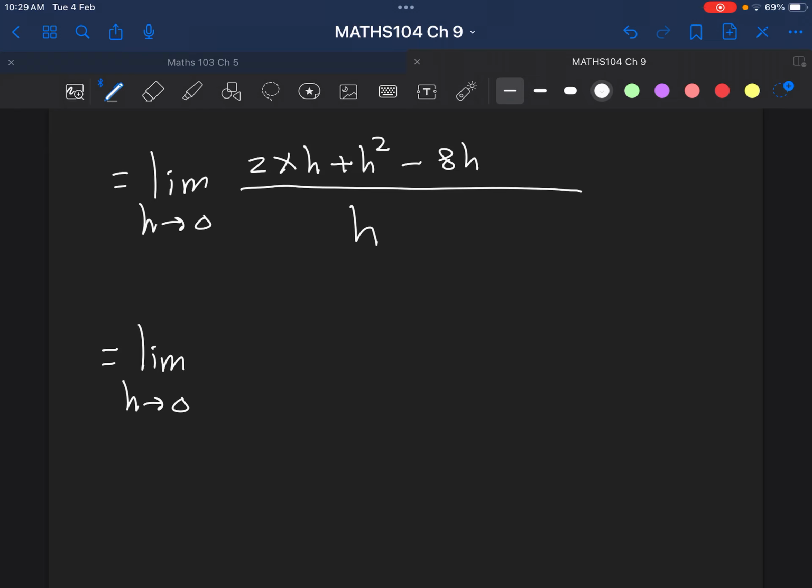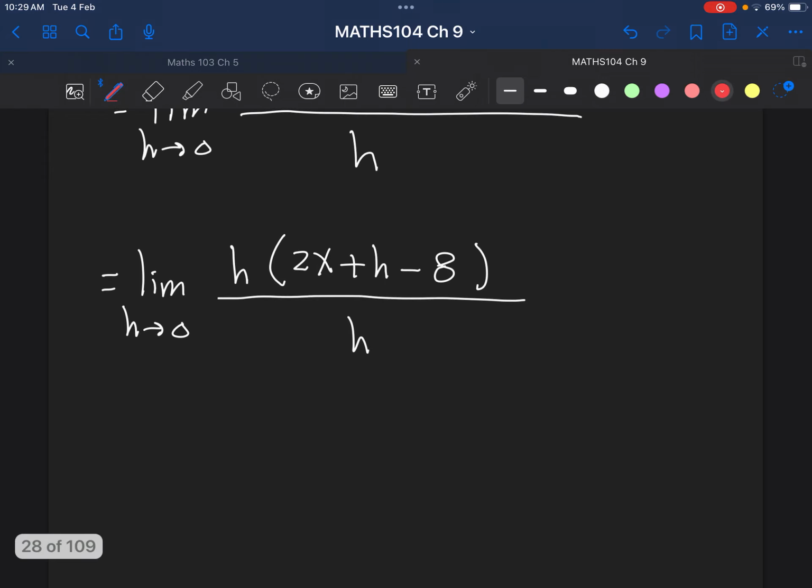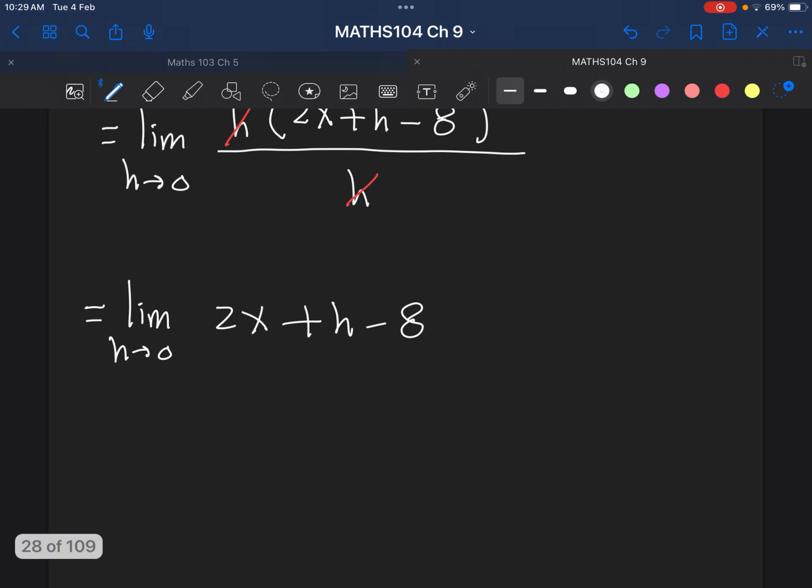If we take it as common factor, this is h. What will be remaining? It will be remaining 2x plus one of the h's minus 8. Now we are in a very good situation because we can cancel h and h. So finally, what's left for us is 2x plus h minus 8.